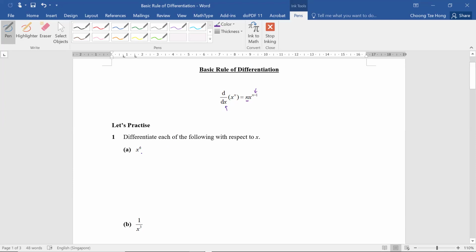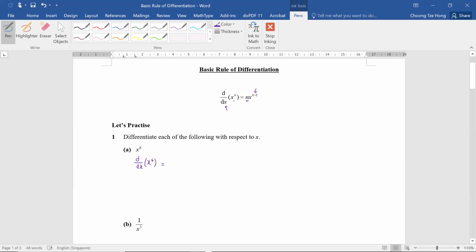So the function for 1a will be to differentiate x to the power of 6. This is a very simple question to start off the practice. The way to present our working is to write d over dx, with dx at the bottom because it is with respect to x, then bracket x to the power of 6.